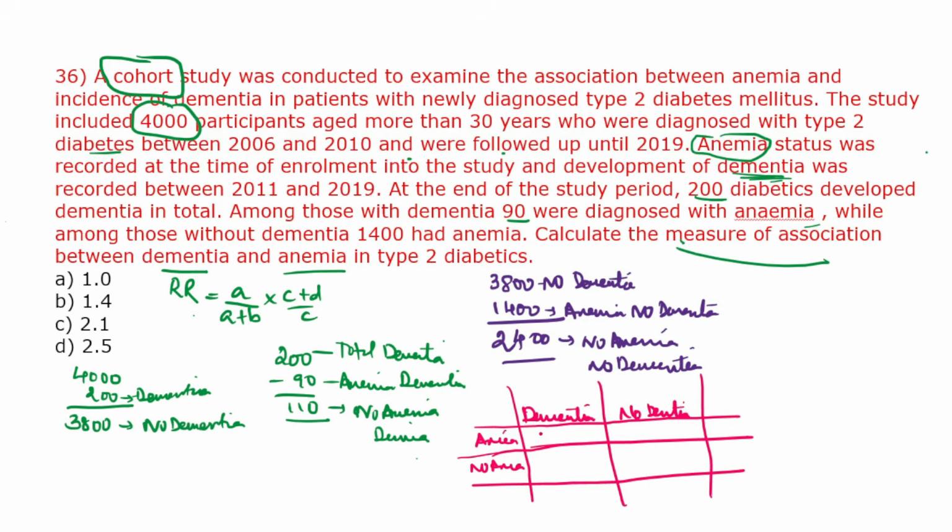How many are anemia and dementia? 90. How many are no anemia and dementia? 110. So 90 plus 110 is 200.